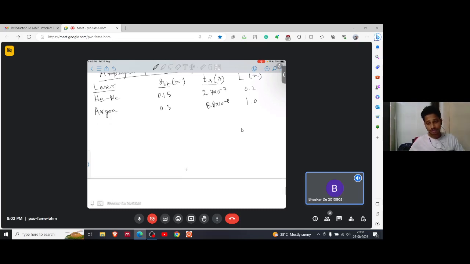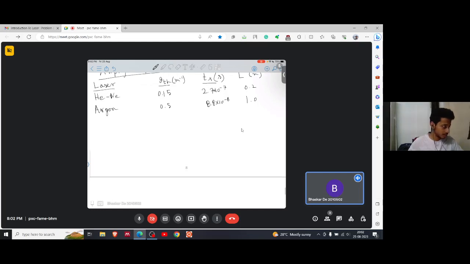These values are typical for the lasers they have checked, so it might be different in different circumstances. Then helium cadmium, or HCD laser, the gain threshold is 0.3, ts is 1.6 into 10 to the power minus 7, then the length is 0.5.